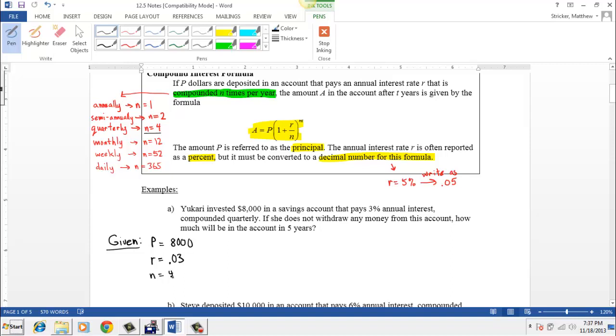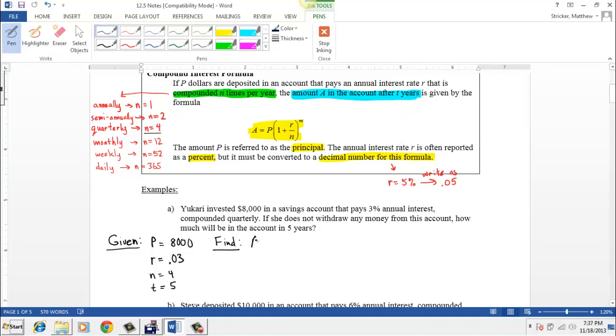And it says if she does not withdraw any money from the account, how much money will be in the account in 5 years? So we just saw the time. The time is 5 years, and we're trying to find the future amount. Remember from our formula up here, the future amount is A. That's the amount after T years.